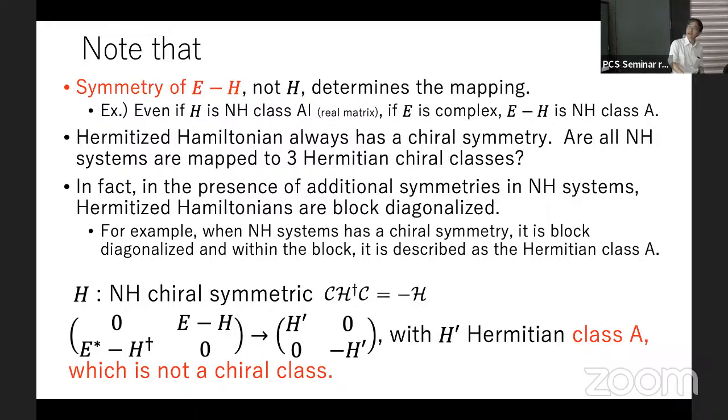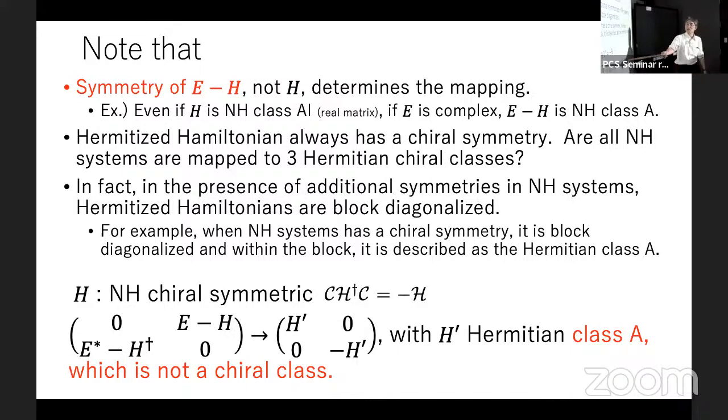And the next point is that the Hermitized Hamiltonian, as I said just before, has a chiral symmetry. I mean, this form always has this form. So one might think that... but if H has additional symmetry, like another chiral symmetry, so it's not only this Hermitized form, but if H itself has chiral symmetry, then this matrix can be block diagonalized as H prime and minus H prime.